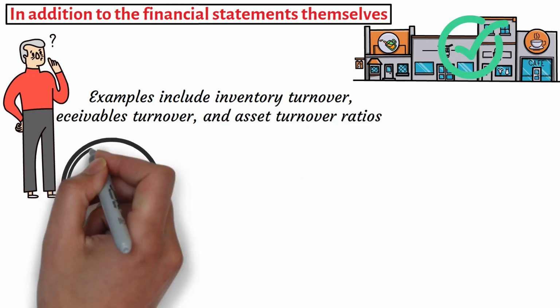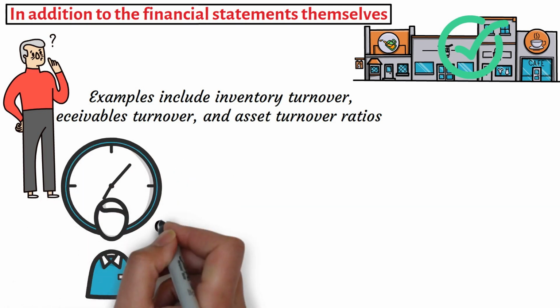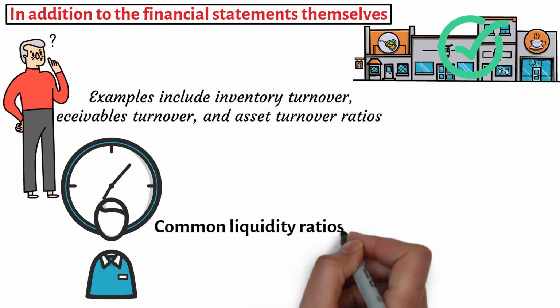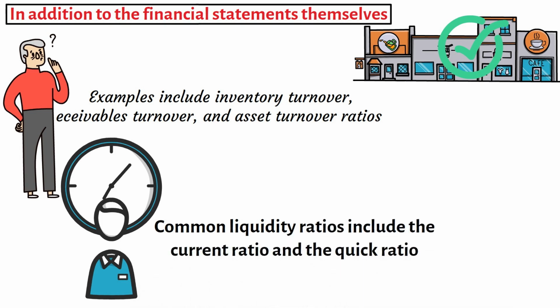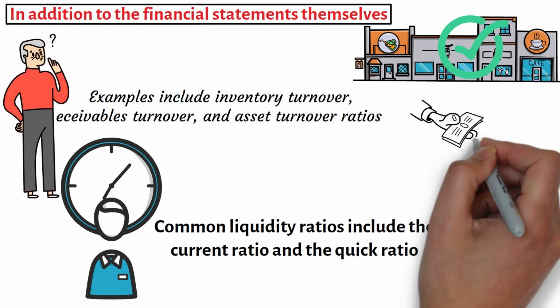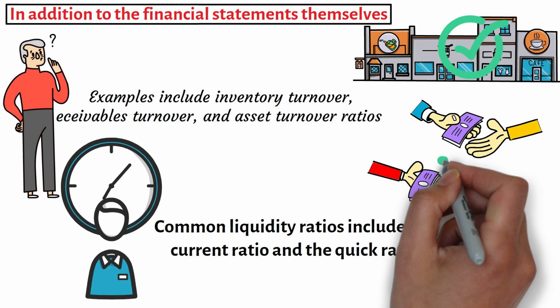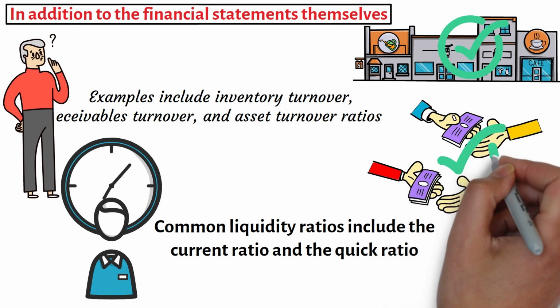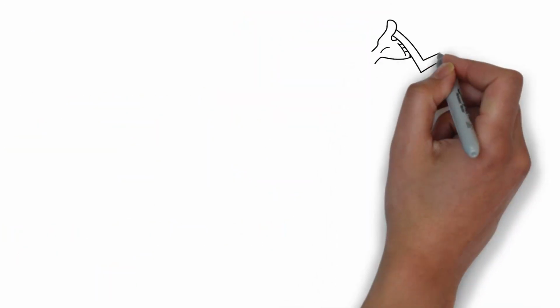Liquidity ratios assess a company's ability to meet its short-term financial obligations. Common liquidity ratios include the current ratio and the quick ratio. Leverage ratios measure a company's use of debt financing relative to its equity. Examples include the debt-to-equity ratio and the interest coverage ratio.